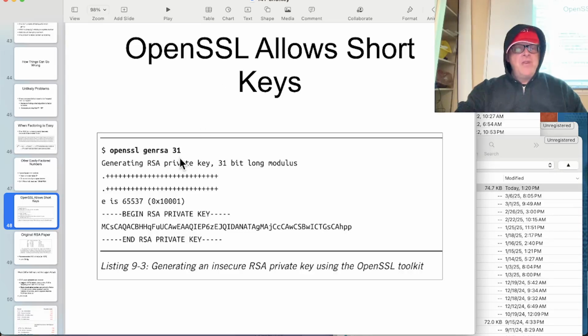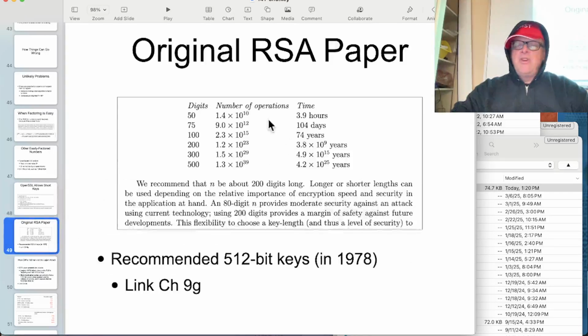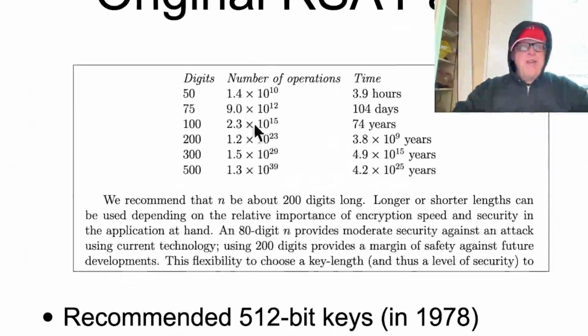OpenSSL will let you generate short keys. You can make 31-bit keys if you want to. Well, that's of course useless. Anything less than 1024 is pointless. But anyway, you can have small RSA keys, they're just not secure. The original RSA paper, from 1978, figured it was going to take forever to crack about 200 digits.